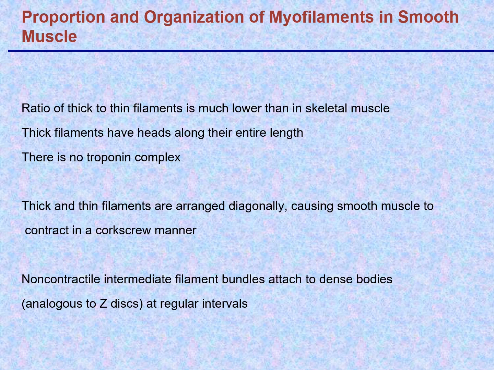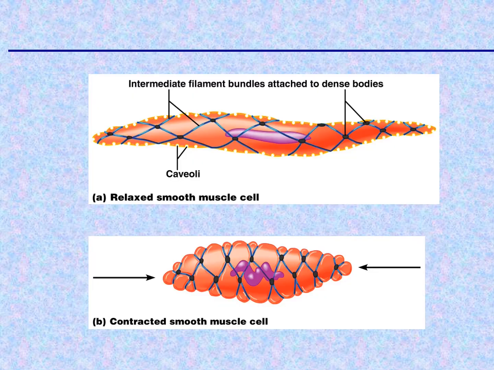They're quite different tissues. You get a diagonal arrangement of these thick and thin filaments. So when the smooth muscle tissue contracts, the individual cells will contract in a corkscrew manner, and that's shown in the next diagram. I wouldn't worry about these details down here.